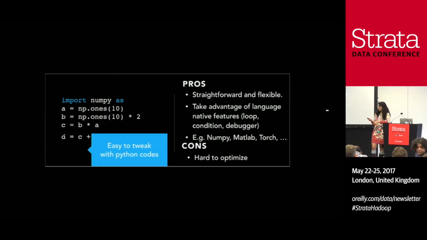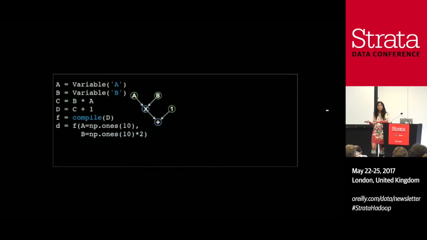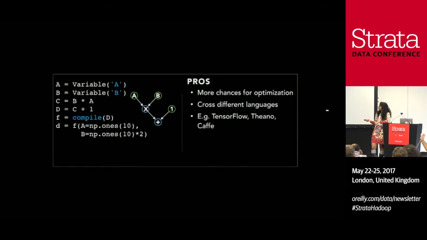So that's why when you want performance, you go with the declarative style of programming. In declarative style, what you do is you first declare the variables, and then you specify the operations. So you have a compilation process where you'll get a computation graph. And once you have this symbolic execution graph, you can do all kinds of optimizations.